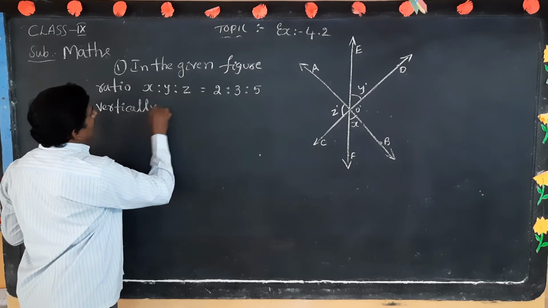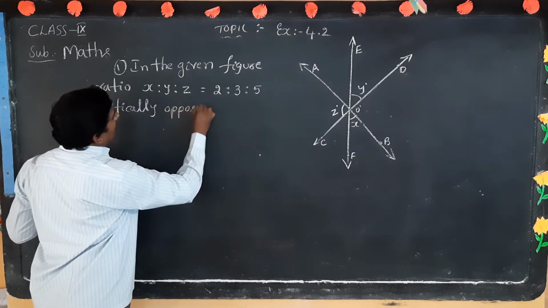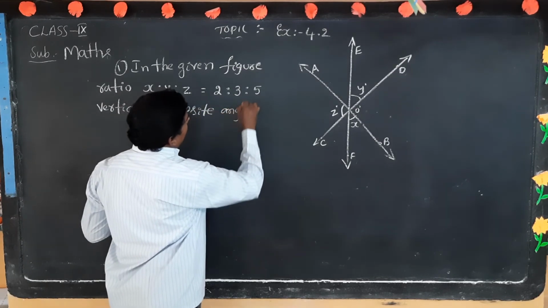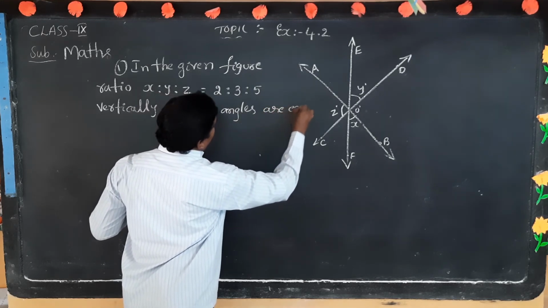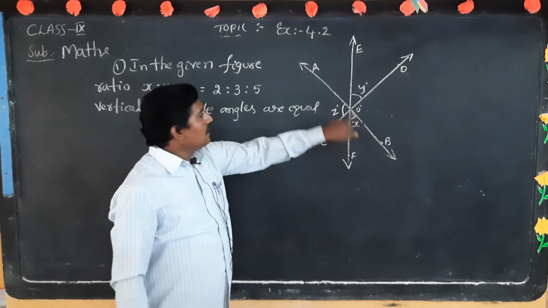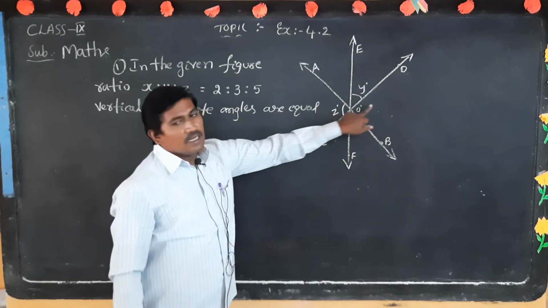Vertically opposite angles are equal. Then see, here x, here also x, here y, here also y, here z, here also z.